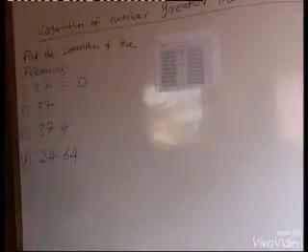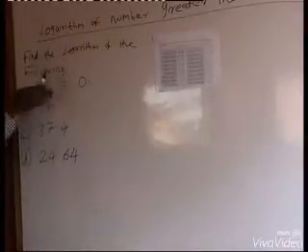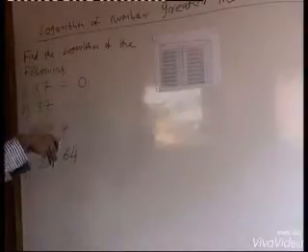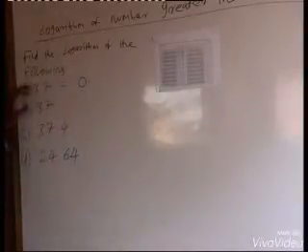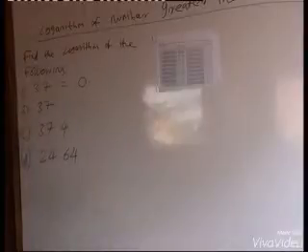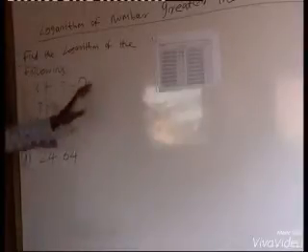Now, in obtaining the value of the mantissa, you pretend as if you are not seeing the decimal point here. So it will be what? 37 under 0, since there is no number at the back. So it was 37 under 0. So the value should be obtained from the table.